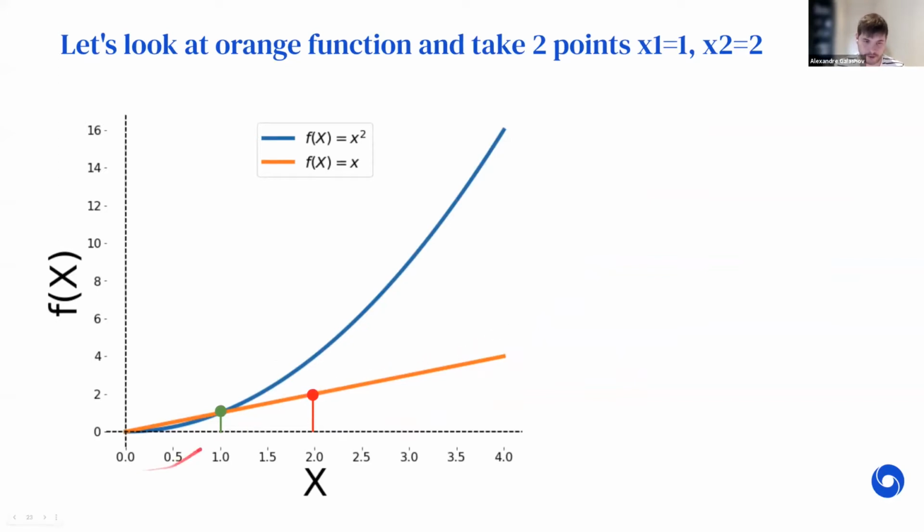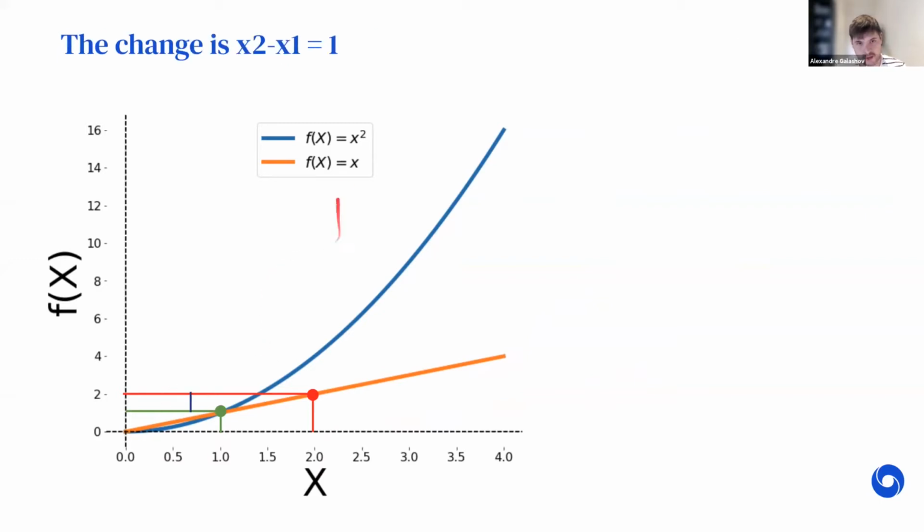Let's take two points, x1 equal to 1 and x2 equal to 2, and look at the associated values of the functions. Let's take the difference, basically the size of this segment here. Because it's a linear function, if we take the difference f of x2 minus f of x1, it will be just 1.